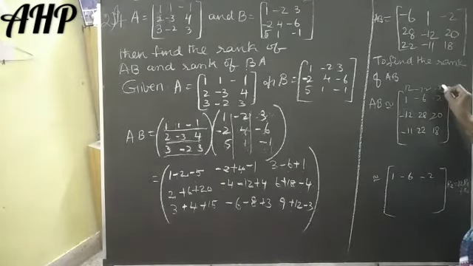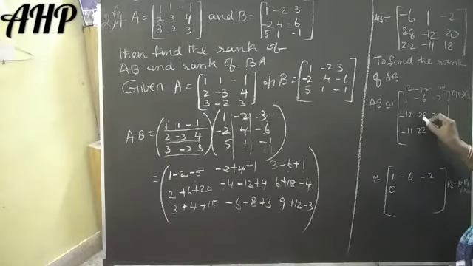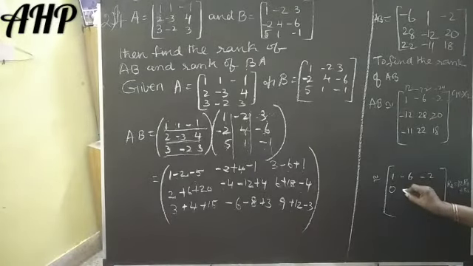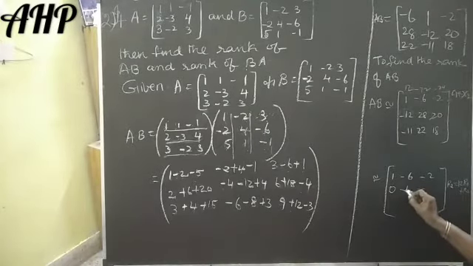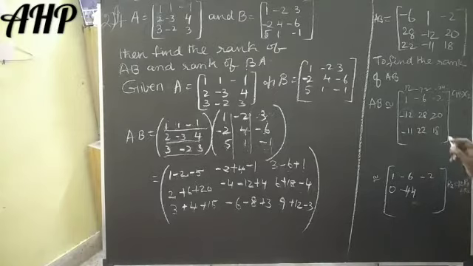So 12 plus 12 gives you 0, minus 72 plus 28 gives you minus 44. Minus 24 plus 20 gives you minus 4.